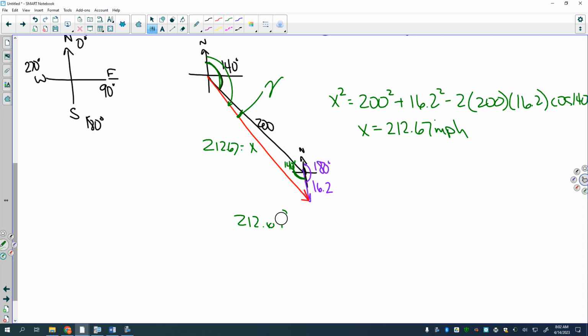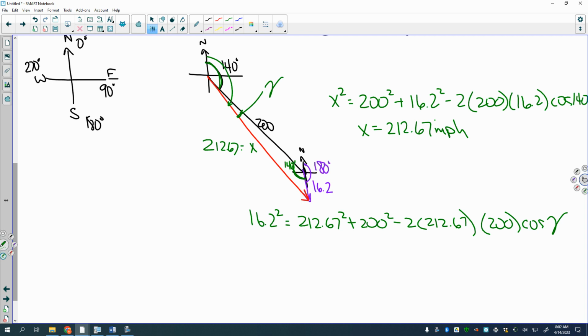And plug everything in at 16.2 on the left side this time. And just plug everything in, solve, and move everything around like we have, and I get 2.8 degrees for that gamma.